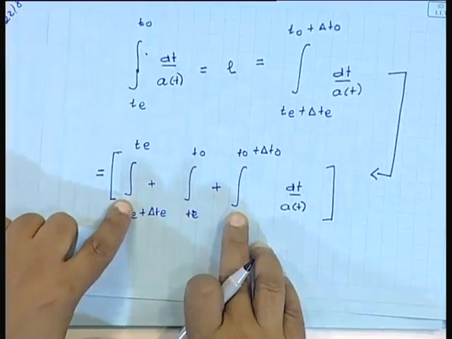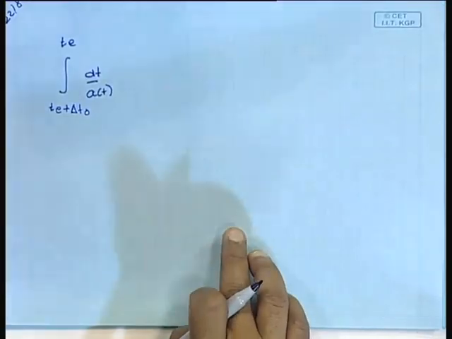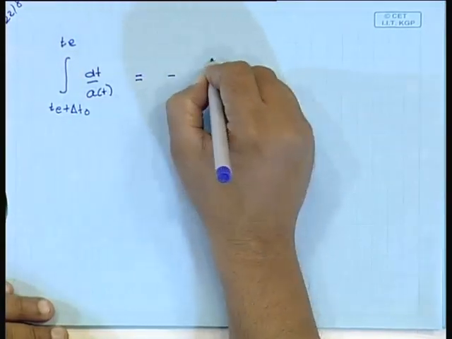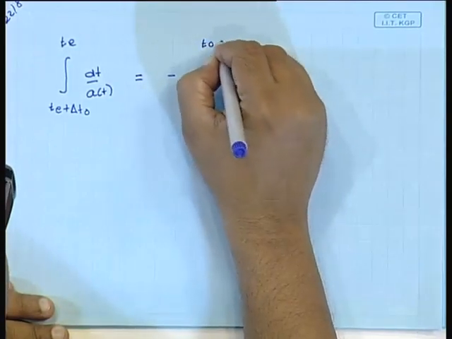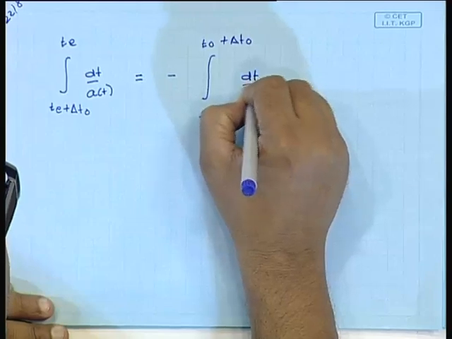Or you can say that this is equal to minus the integral from T observed to T observed plus delta T observed of dt by at.